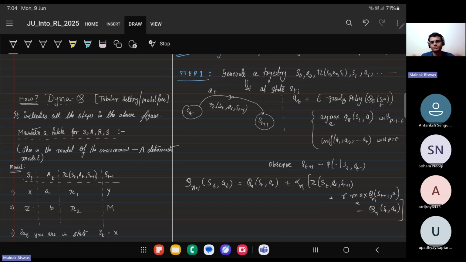This is what I do in Q learning, when I don't have a model and I am doing asynchronous updates based on a trajectory. That's fine.